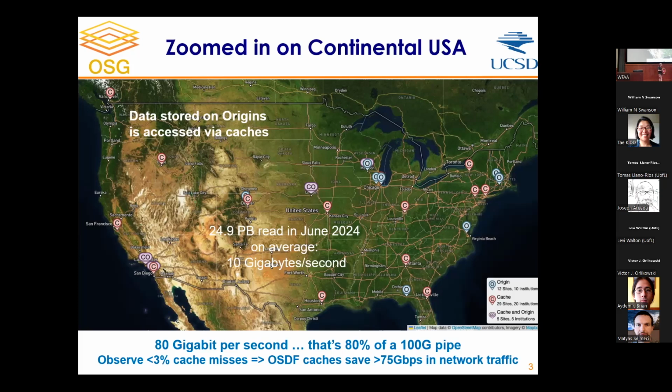So we're basically saving the folks of Internet 2, ESNet, money, literally, because we're saving the network bandwidth. And we're saving the network bandwidth at this point in time to the tune of about 80% of a network pipe. And I, of course, couldn't resist to send this immediately to my friends at Internet 2 and ESNet, because I think it's a pretty impressive number for a project that has been around for not that long.